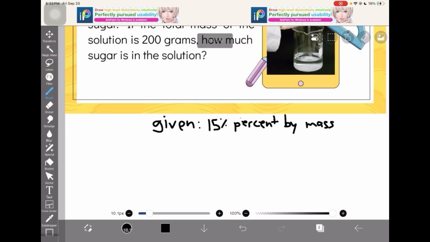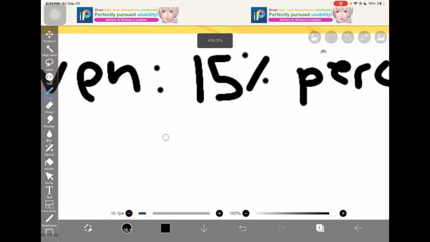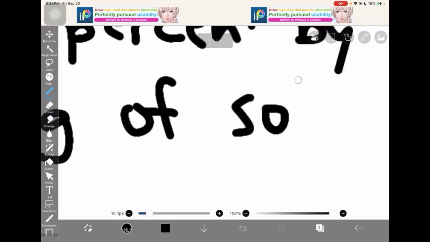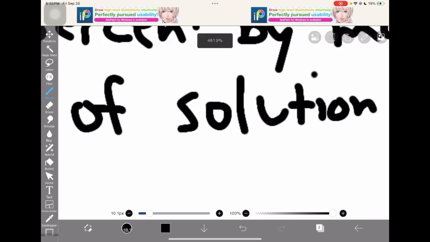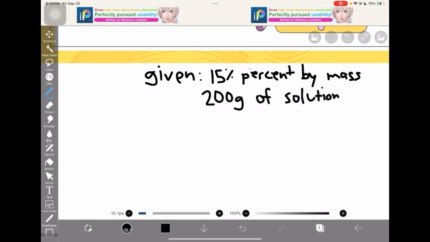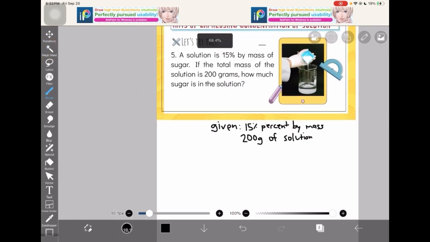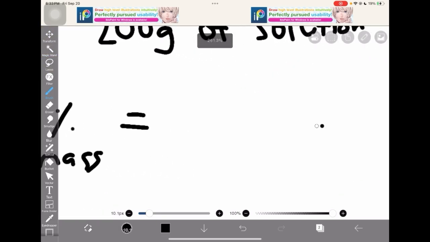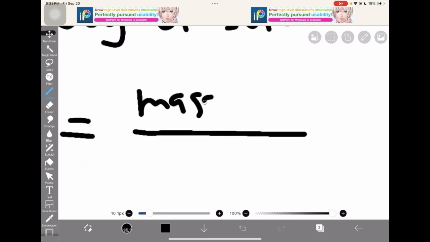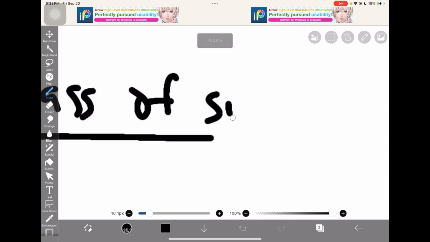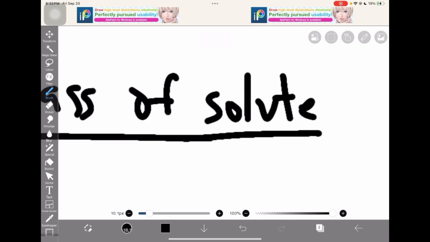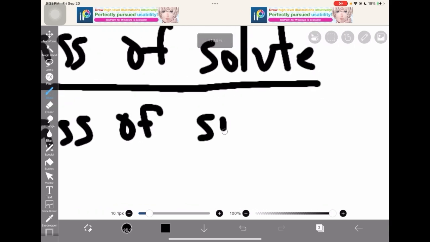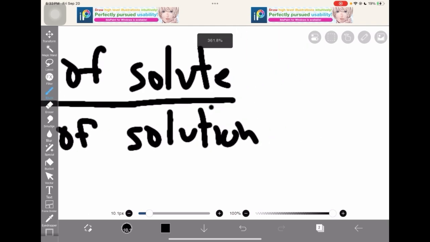And then we also are given 200 grams for the solution. So it's very similar to the percent by volume formula. So it's actually percent by mass is equal to mass of solute over the mass of solution. And as always, times 100.